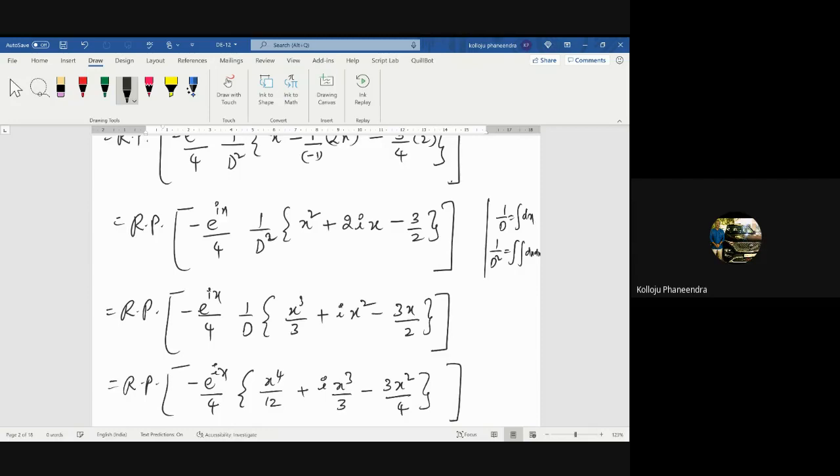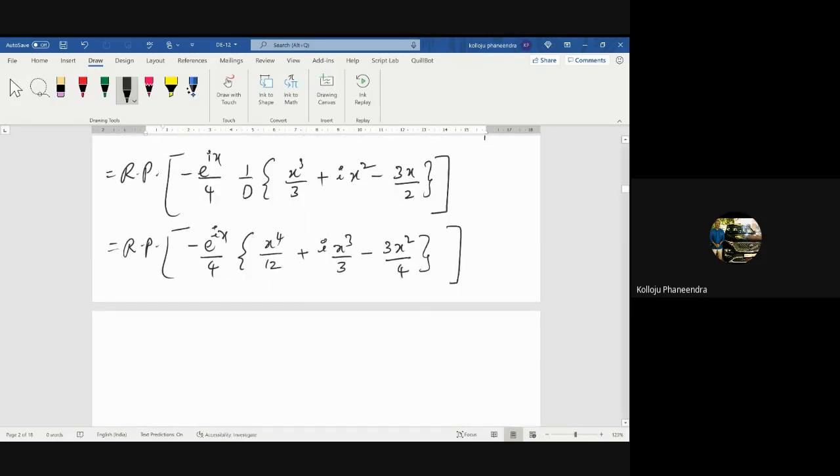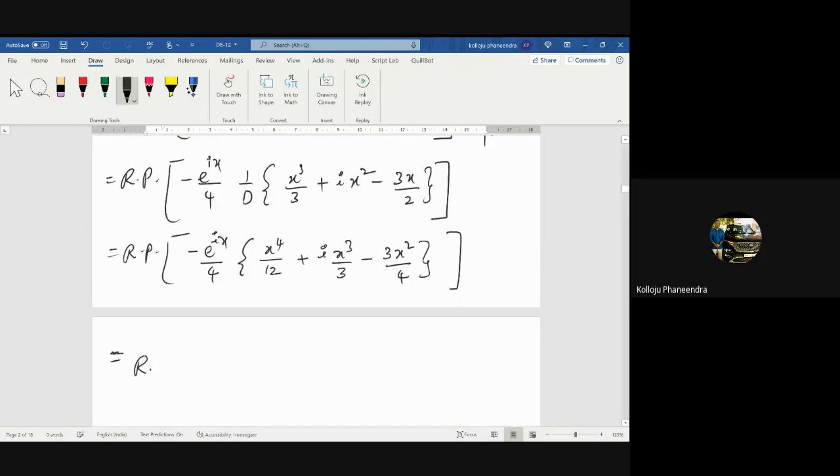Now, as I told you, keep e power ix terms outside and take every term inside. So minus x power 4 by 48 minus ix cube by 12 plus 3x square by 16.